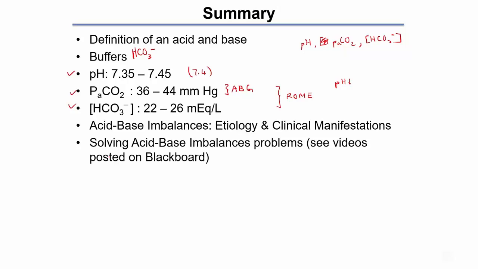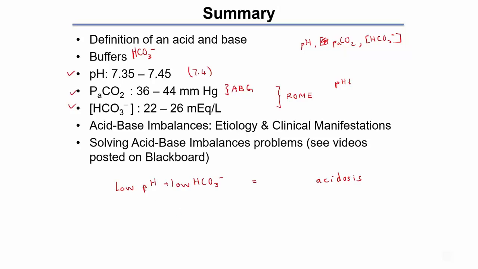Once more, how do we identify if it's a respiratory or metabolic process by changes in PaCO2 and bicarbonate? Low pH, what does that mean? It's acidosis, right? The first thing you write down is acidosis. Please don't go any further. Low pH is acidosis, and low bicarbonate, let's say.